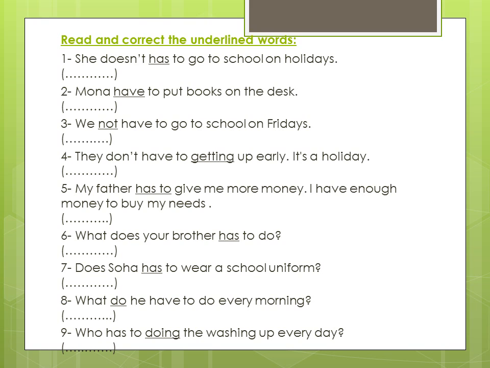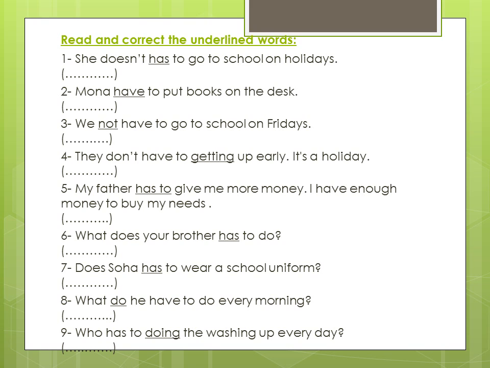5. My father has to give me more money. I have enough money to buy my needs. My father has to give me more money. To give me more money. I have enough money. To buy my needs. 6. What does your brother has to do? 7.